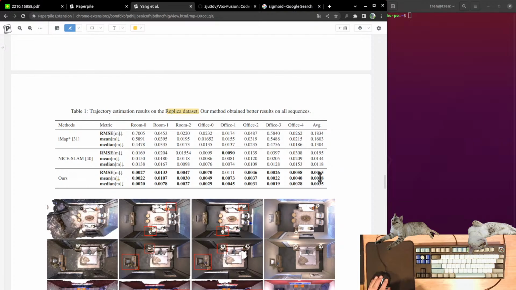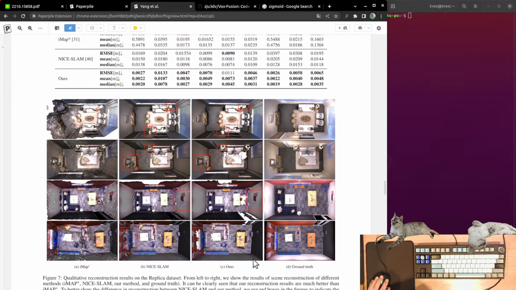I guess the average is probably the one worth looking at. The crappy implementation of IMAP is absolutely terrible. NICE-SLAM is like an order of magnitude better on all of these metrics, and theirs is about half of what NICE-SLAM gets.